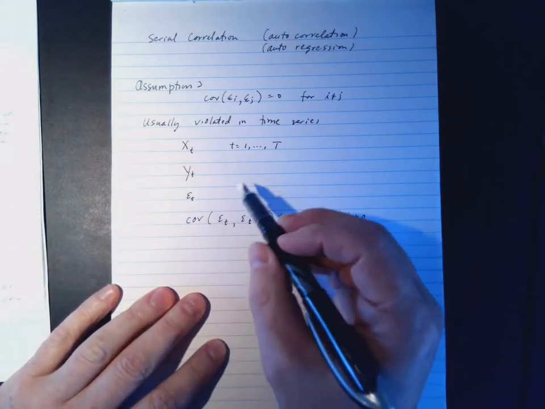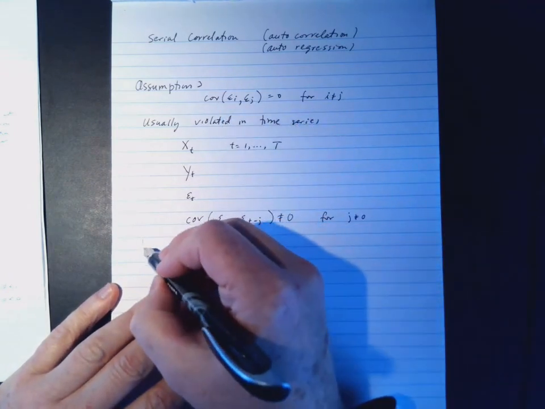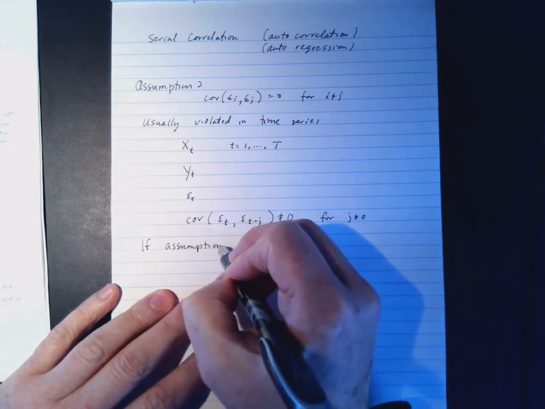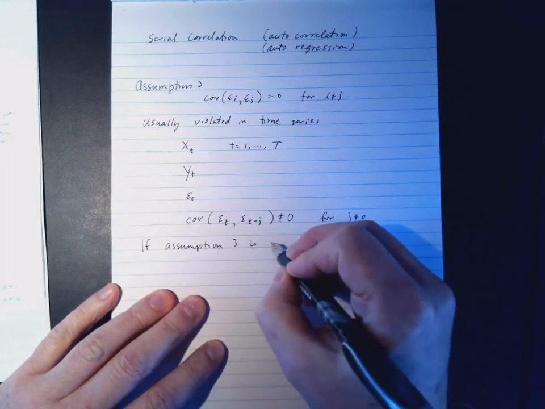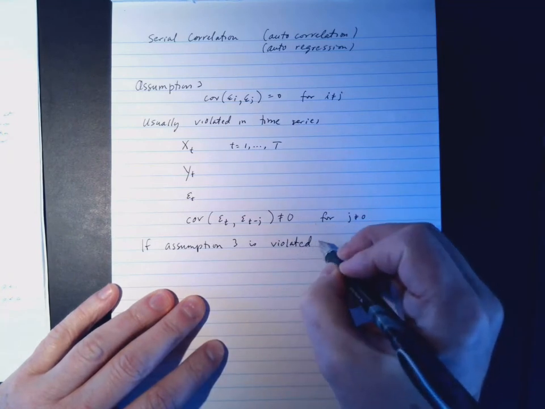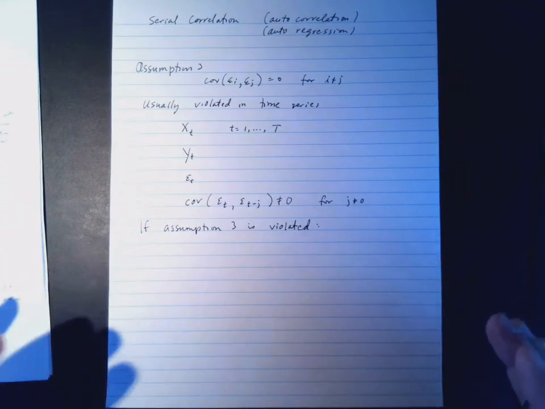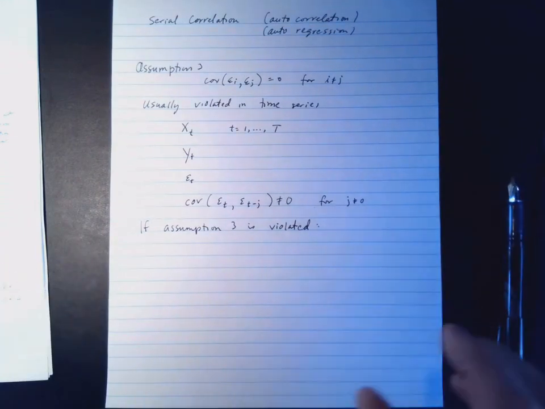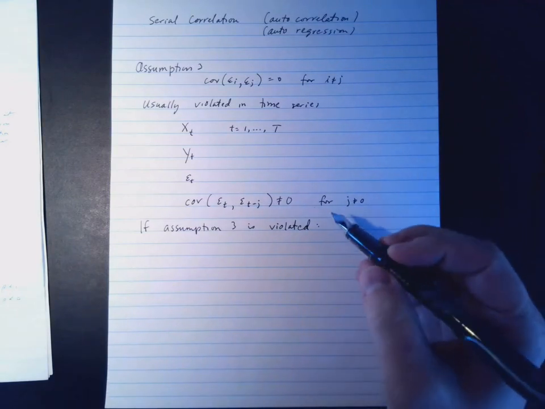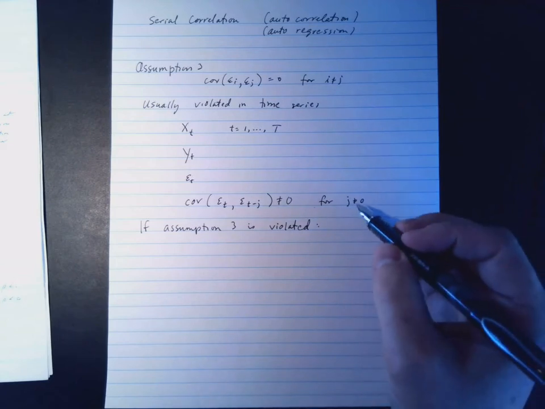So what happens if assumption 3 is violated? Well, one of the points, and the book doesn't really go over it in any detail, is that, as with the heteroscedasticity case, OLS is still unbiased.